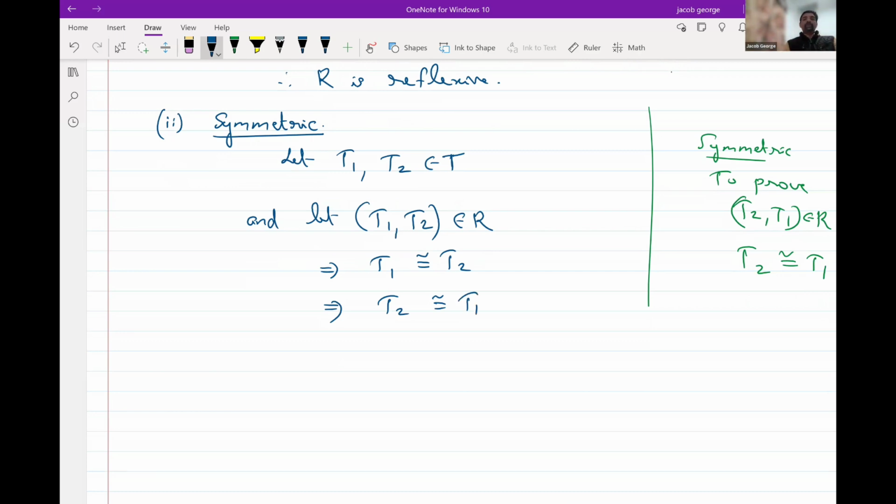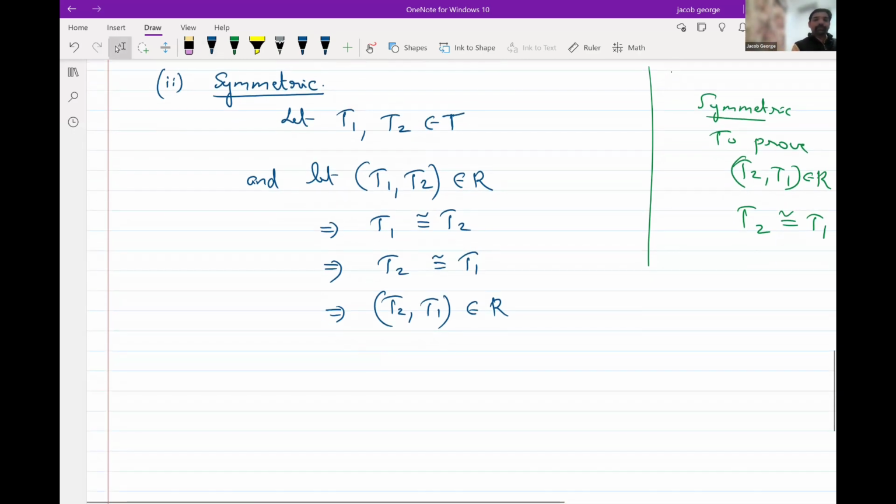Clear? And from here we write (T2, T1) is an element of R. Here we don't have to write for all. It is for a particular pair. So we stop till here. Then we write, therefore, R is symmetric.